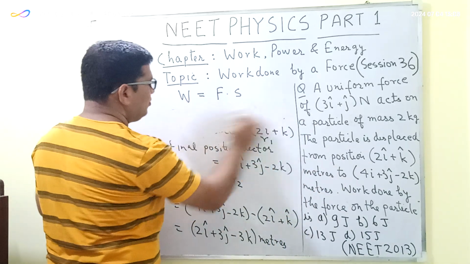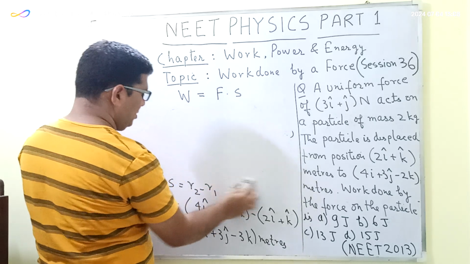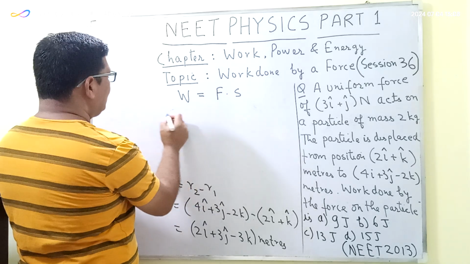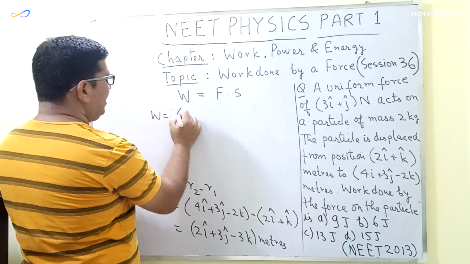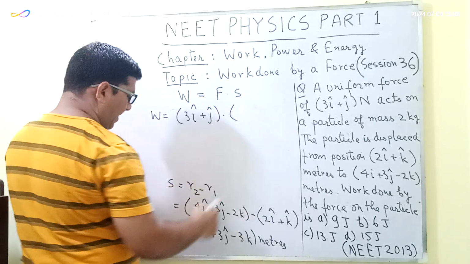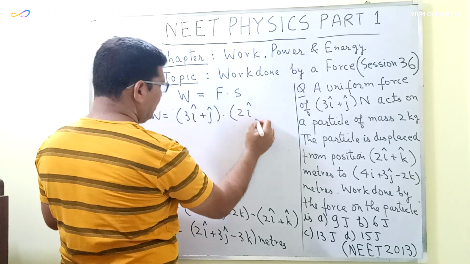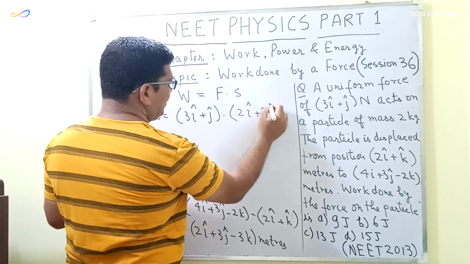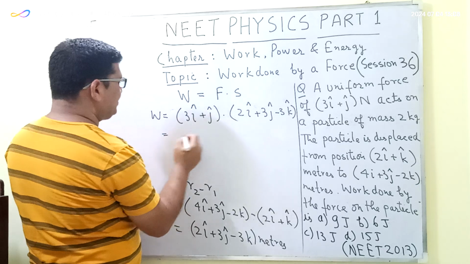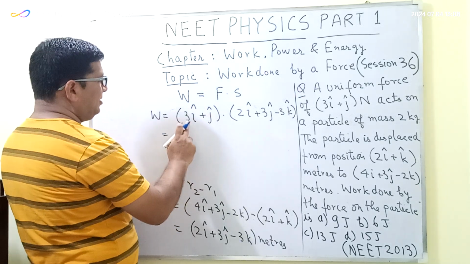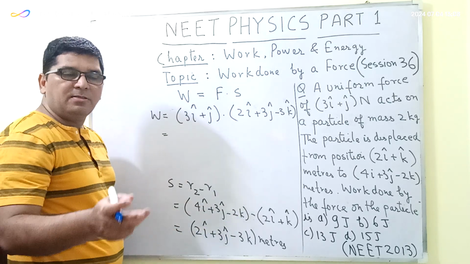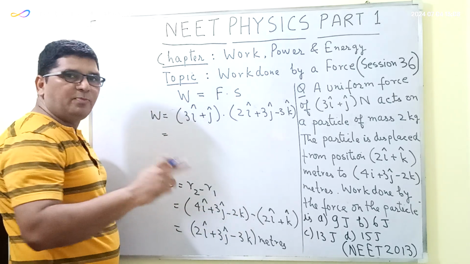The work done is equal to F dot S. So work done will be equal to (3i plus j) dot (2i plus 3j minus 3k). Now 3i dot 2i will be equal to 6 i cap dot i cap.